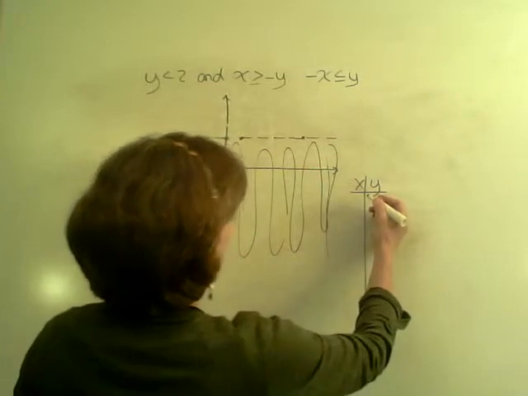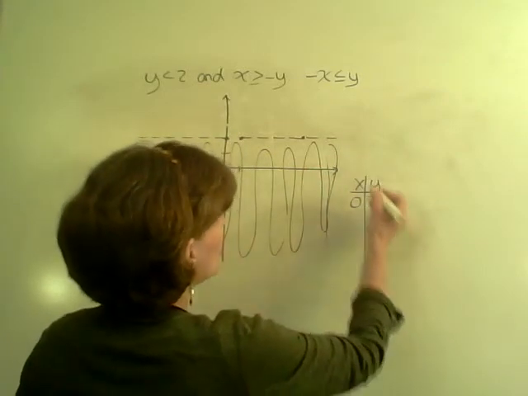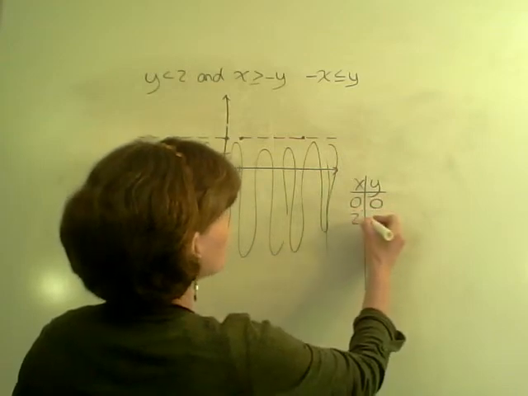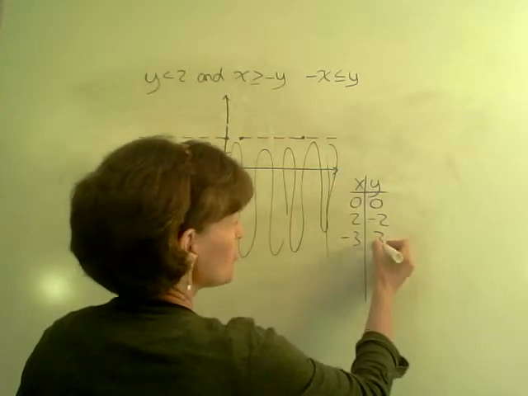All right, so let's say x is 0. Well, when x is 0, y is 0. When x is 2, y is negative 2. When x is negative 3, y is positive 3.